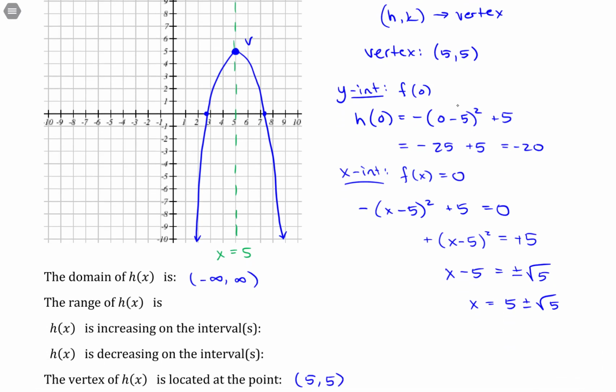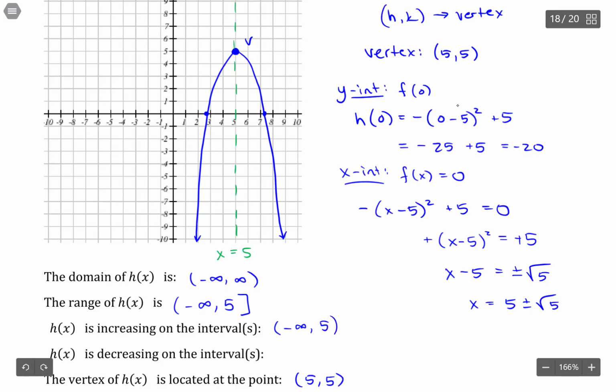The range is where the parabola is defined, so it's all the values from negative infinity up to this point right here, which is at positive 5. We're increasing. The parabola is increasing on this interval, from negative infinity up to 5. And then it's decreasing from this point onward, so 5 to positive infinity.